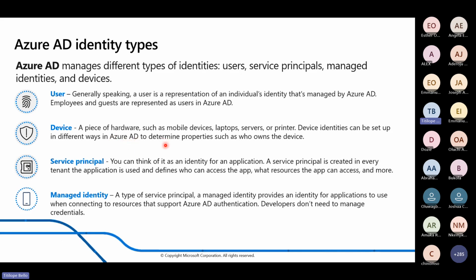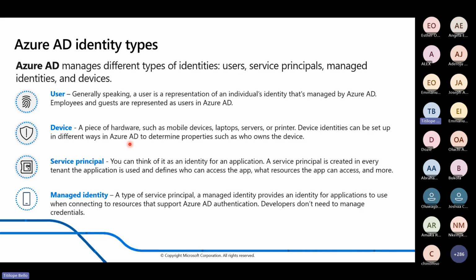However, Azure Active Directory is actually not as robust as the on-prem. So in the advanced part of this course or program, we will dive a bit deeper into the differences between the two identity platforms, or the two identity providers. So it's not as robust.